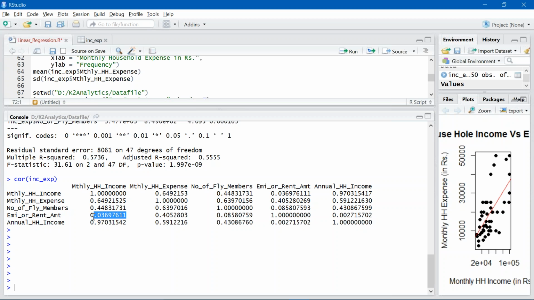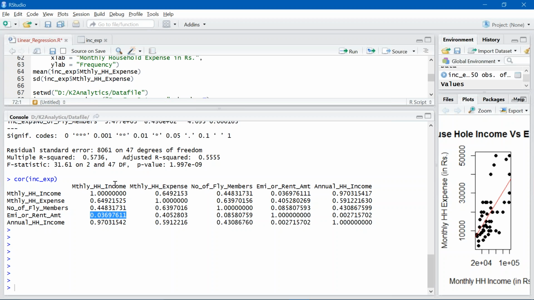EMI and income do not have a relationship. There are many people who have got high income, and it is not necessary that they will not take a house on an EMI. It's not that they will not take a house on a loan.